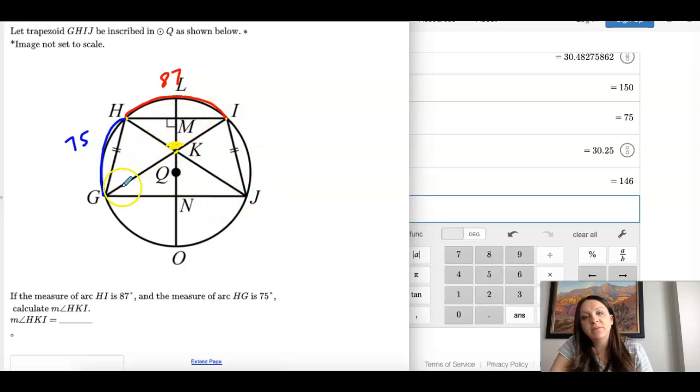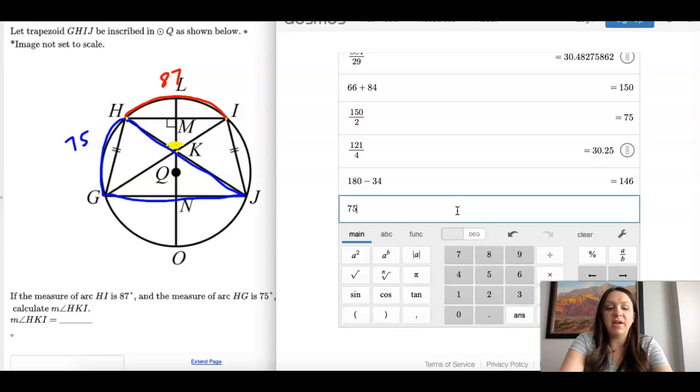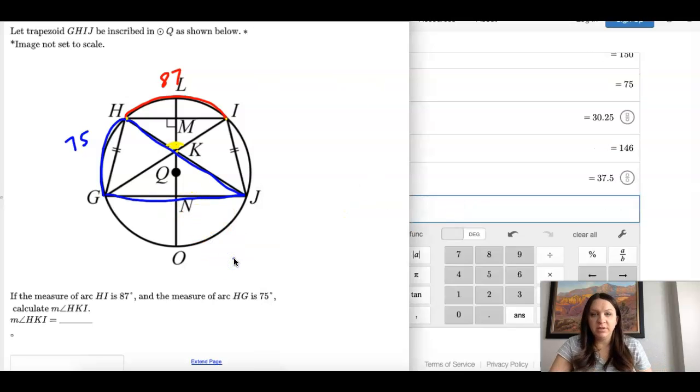So we can use inscribed angles a little bit here. So if this is 75, then remember this angle down here is half. So 75 divided by 2. So this would be 37.5. Or I could take from here to this chord to this chord.